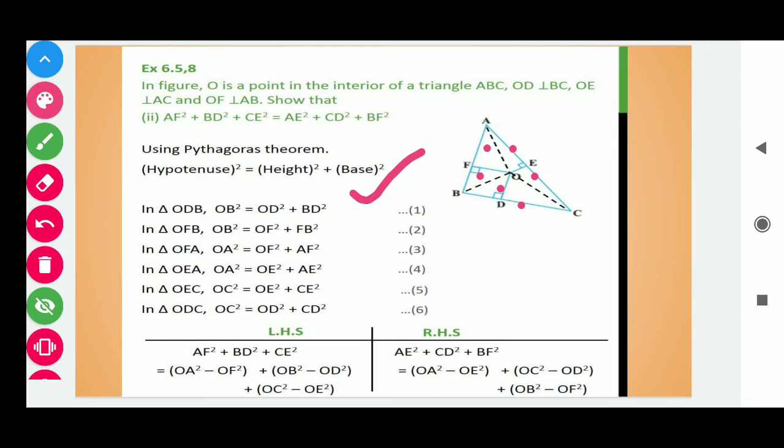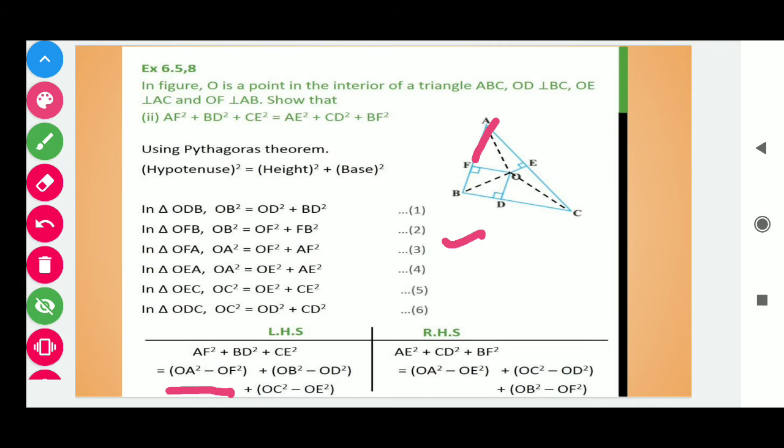In this way, if we take the left hand side AF square plus BD square plus CE square, we can write AF square as OA square minus OF square. You can use the result from the third equation.